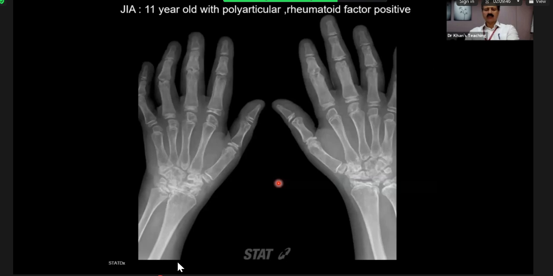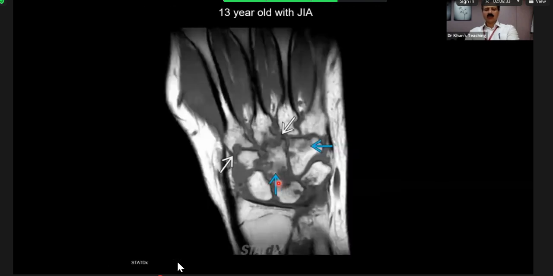Now, just to make a point that sometimes in JIA, particularly in early teenage, late teenage, you can see findings of erosion also, just like adult. Nobody is going to show you this in the exam. If they want to show you in the exam, they will show you this in enlarged epiphysis or what we call periosteal reaction.